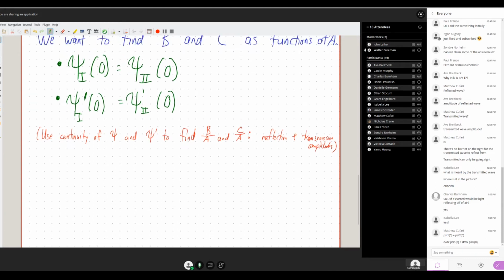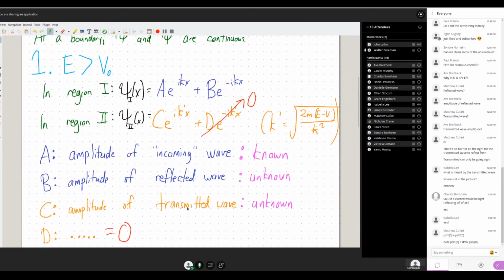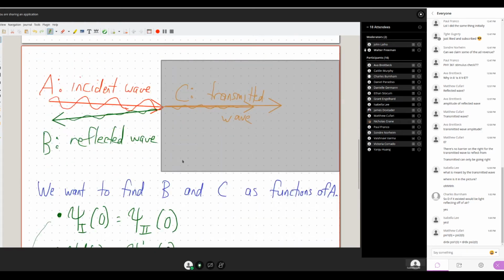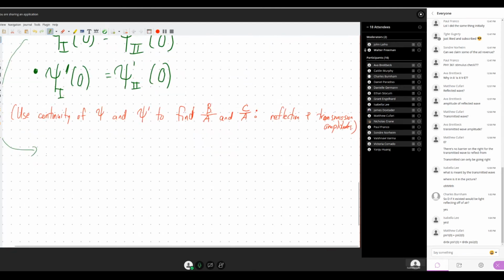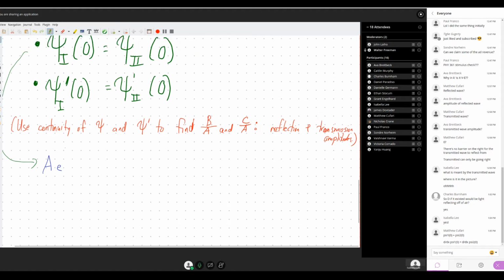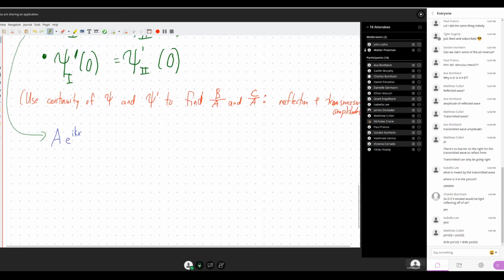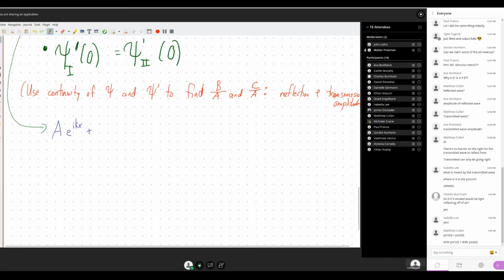So the first condition: psi 1 is the A and B one, and psi 2 is the C one, right? So I have A e to the ikx plus B e to the minus ikx equals C e to the ik prime x.